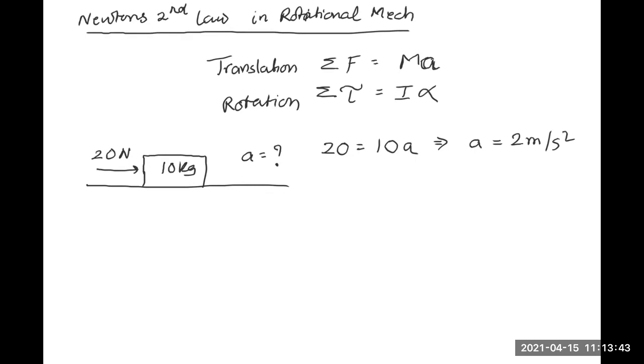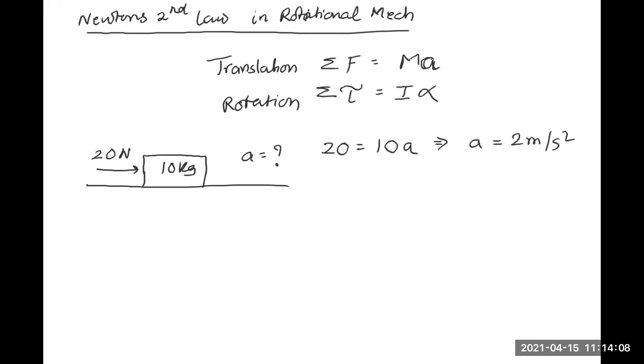And for the same body under the influence of the same forces, the number of torques is infinite. It will depend on your choice of axis of rotation, or your choice of origin.